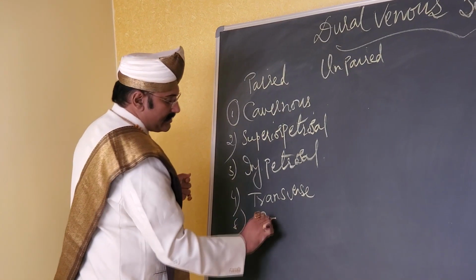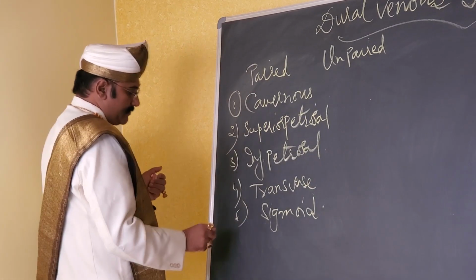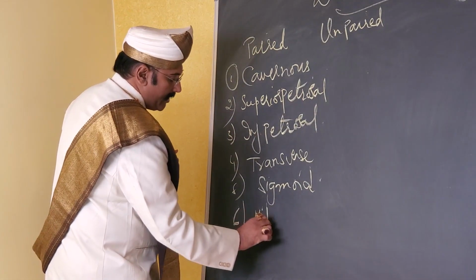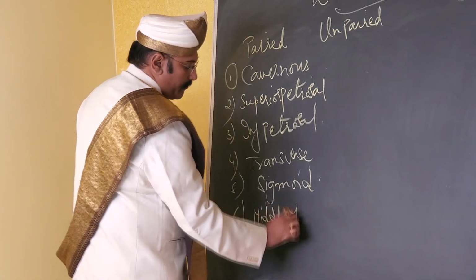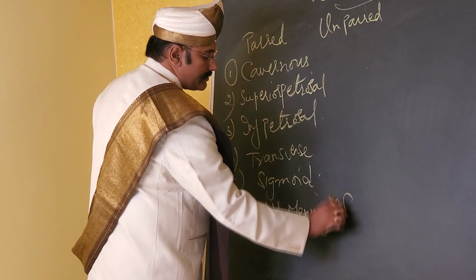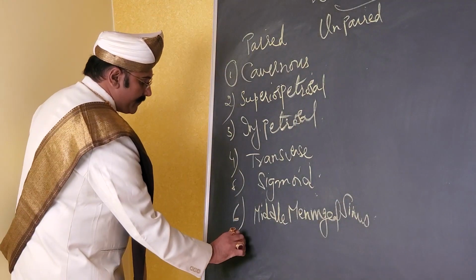then you have got the sigmoid sinus on the right side and left side, then we have got the middle meningeal veins. Some people consider the middle meningeal veins also as sinuses, or middle meningeal sinus you can call.